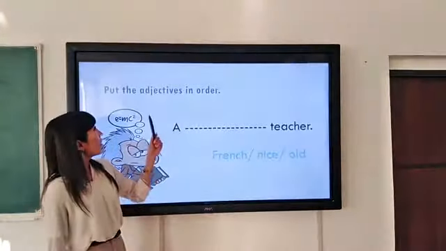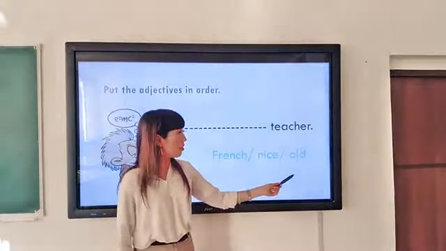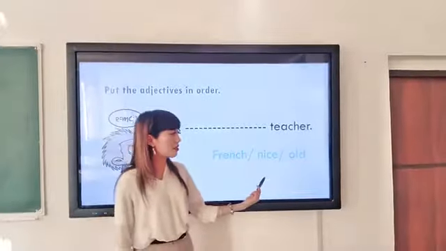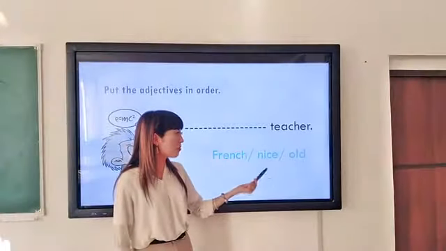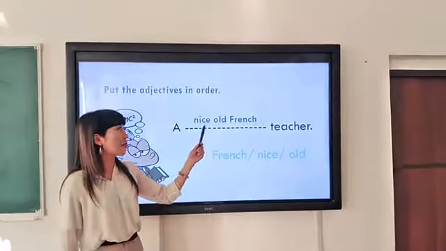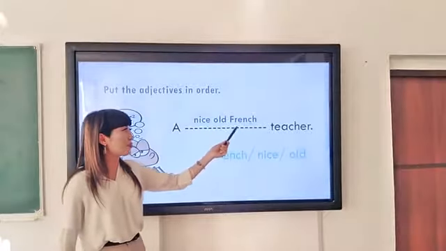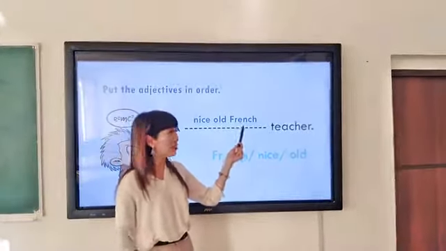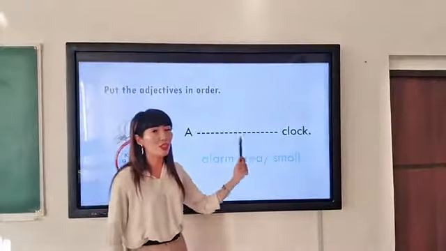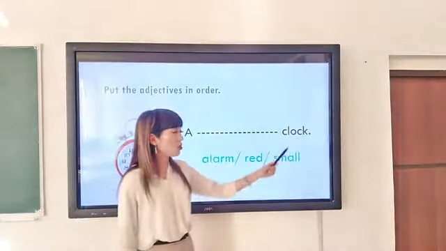So, next. Here, French, nice, old, teacher. What do you think? What adjective do we have to put first? So, okay, yes, because nice is opinion and old is age and French is a region or nationality. Nice, old, French teacher. Next one is alarm, red, small, clock.